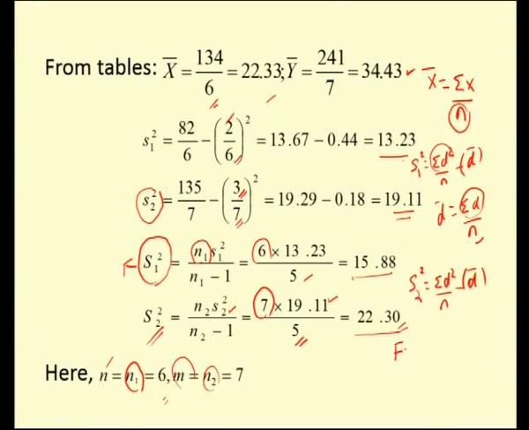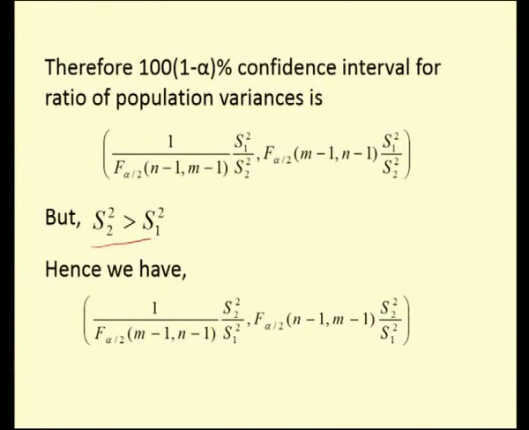Always, the F ratio has a condition that the numerator value should be greater than the denominator. But in this case you find that the numerator value, S1 squared, is lesser compared to the second sample, S2 squared is greater than S1 squared.